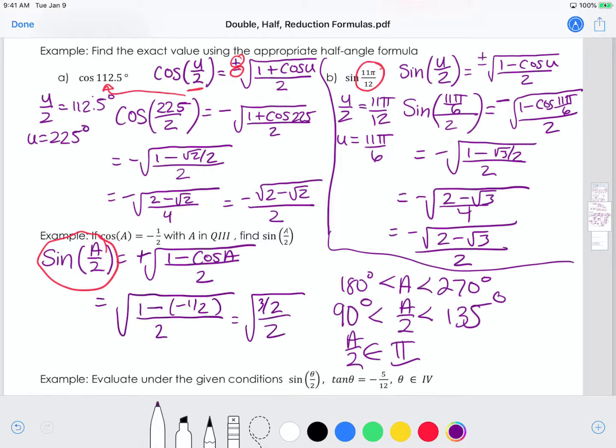When I multiply everything by 2 to clear the complex fraction, I get the square root of 3 over 4. I can take the square root of 4, and I'm left with just the square root of 3 over 2. That's positive because we know angle A over 2 is in the second quadrant.